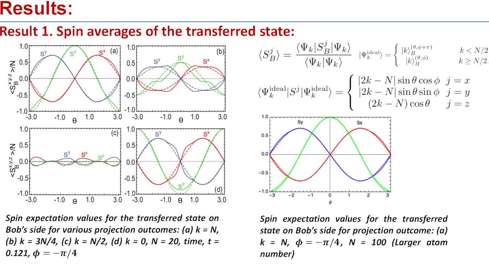For the extreme projection, for which spins are aligned in the same direction, the transferred state is generally in agreement with the ideal ones, and the desired state is prepared. However, any small deviation we can rectify if we take a large number of atoms.